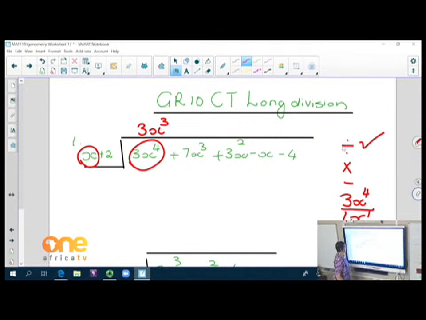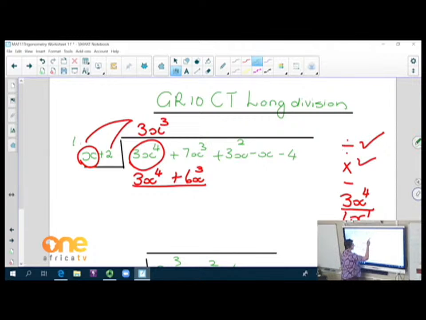The next thing is now to multiply. And the difference is we multiply with both of them then there. So then you have 3x to the power of 4, and if we multiply here, we have 6x to the power of 3. And we're going to subtract. Now this is where the mistake comes in.